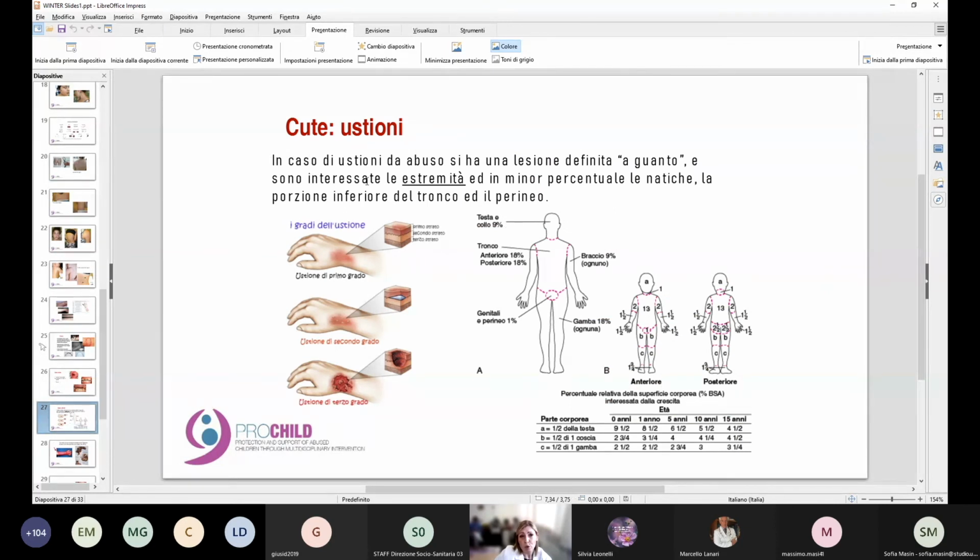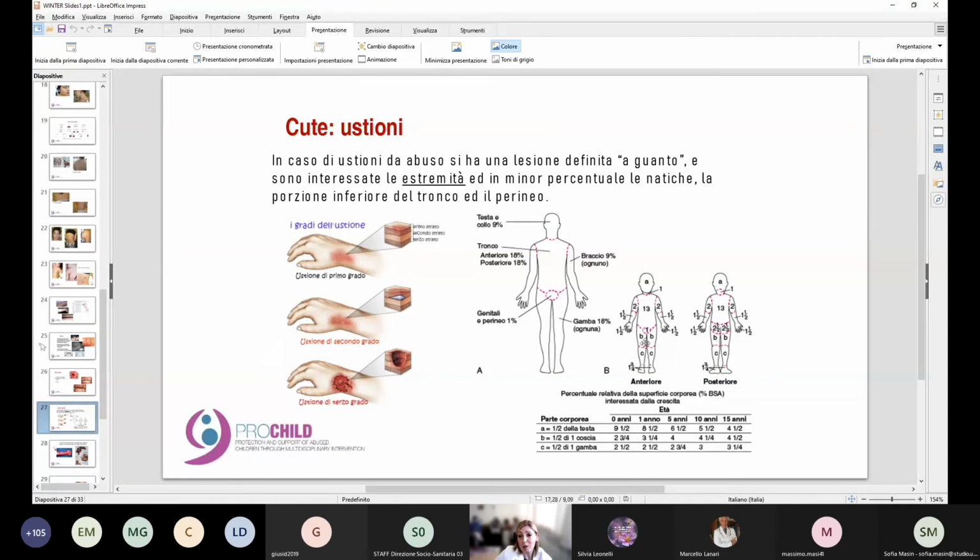Then we have burns. So abuse burns, they are the so-called glove burns, because they are inflicted mainly on the extremities. They can show different levels of severity, and they can concern the surface part of the skin.